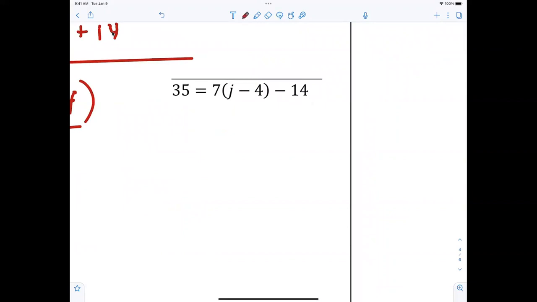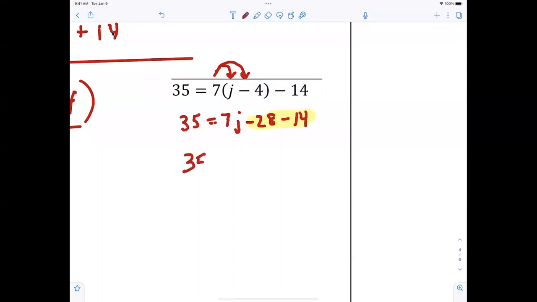So here's the second technique: just distribute the 7. When you distribute the 7, it's 35 equals 7j minus 28 minus 14. You with me? Now you combine the negative 28 and the negative 14.